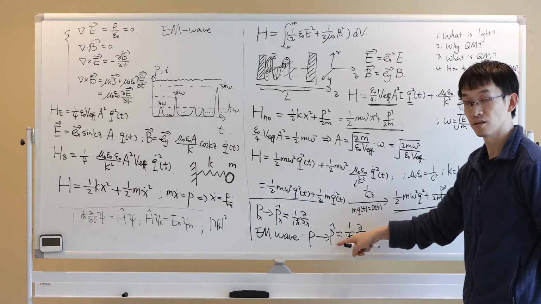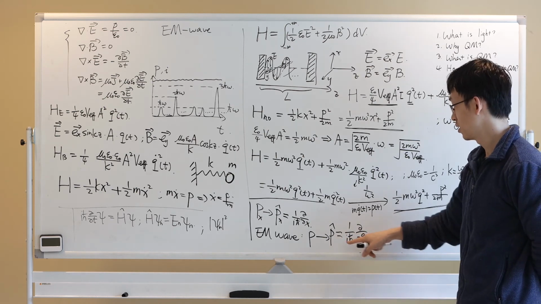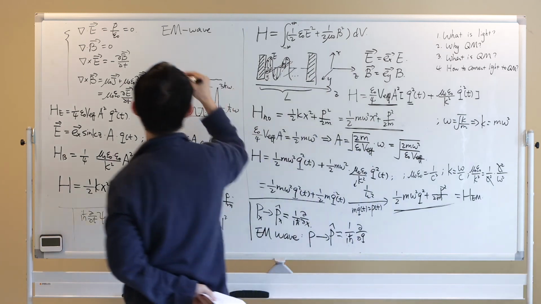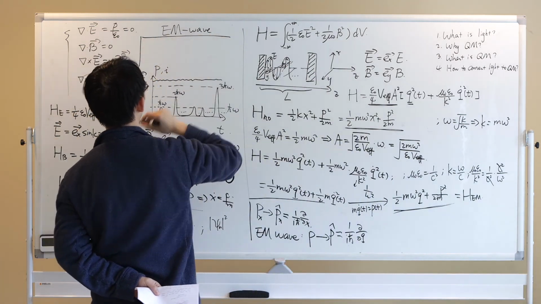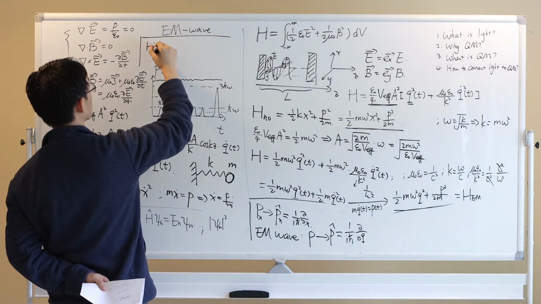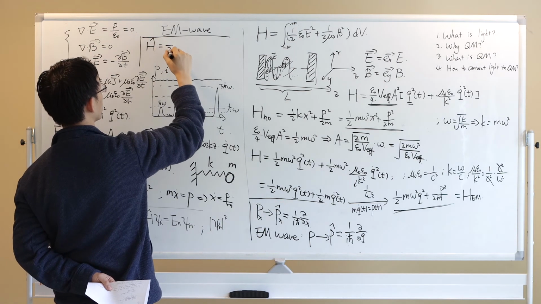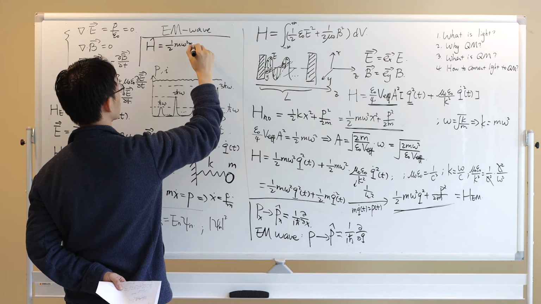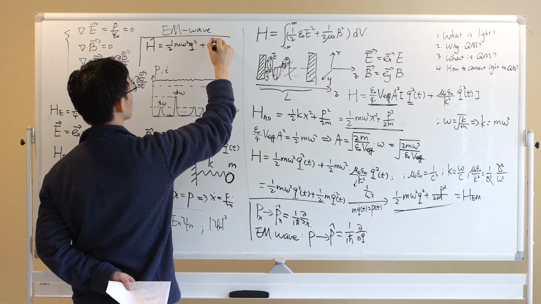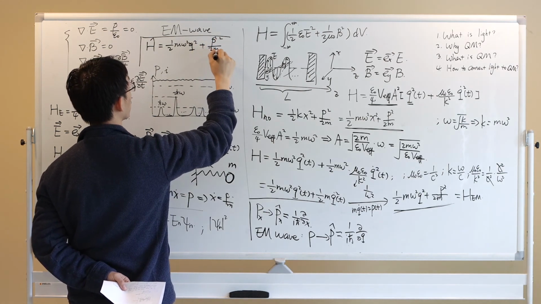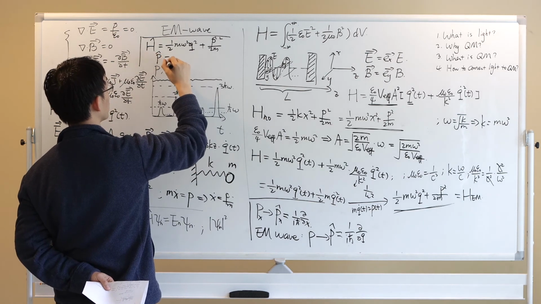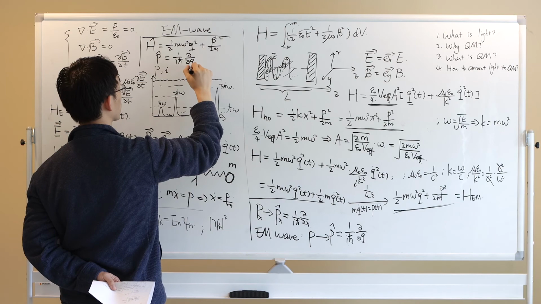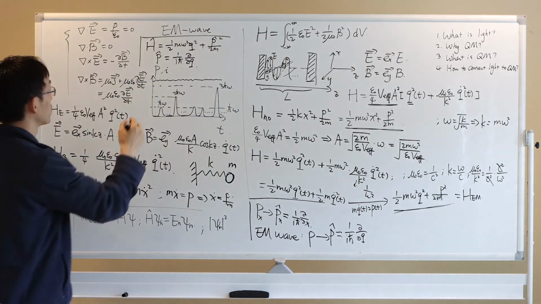If you do that, then we can write it down now. The H of the EM wave is mω²Q² plus P²/2m, and P is the operator.